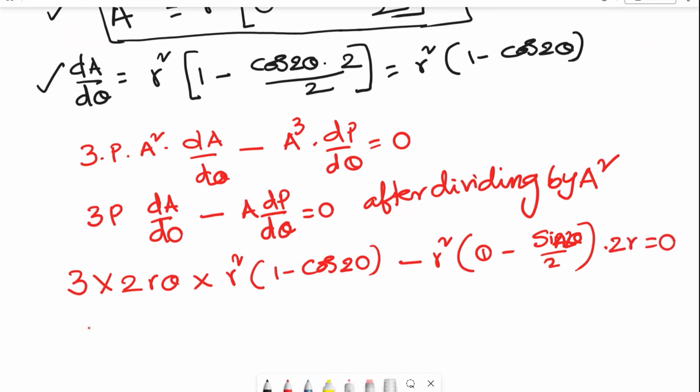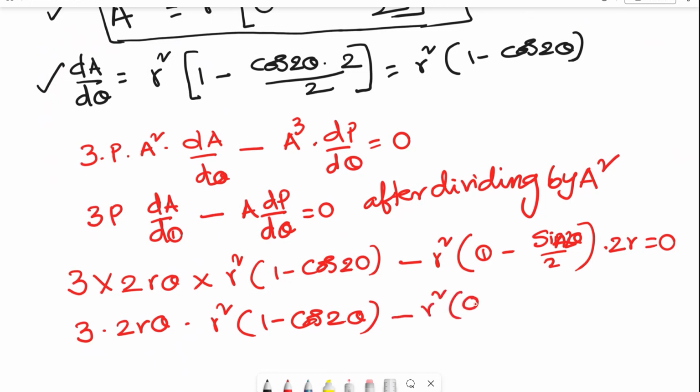So if I do it once again, 3 into 2r theta into r square into 1 minus cos 2 theta for dA by d theta, minus r square into theta minus sine 2 theta by 2 into 2r is equal to 0.